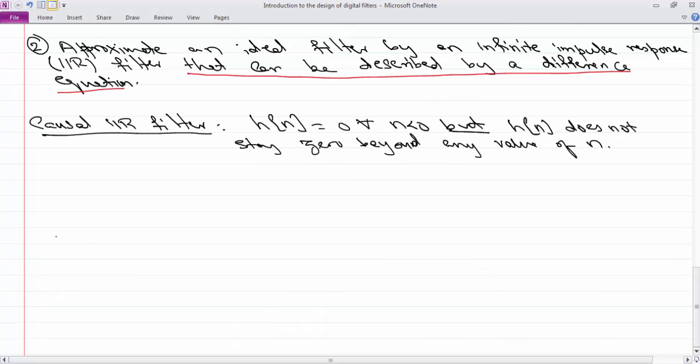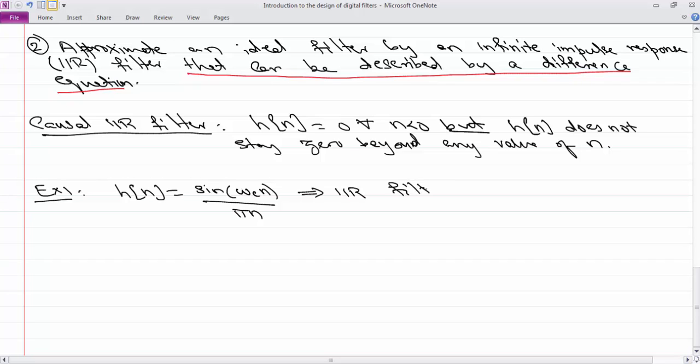So two examples. One example we already saw. Example 1 is h[n] equal to sin(omega_c n) over pi n. Clearly this filter, no matter what value of n you put in, it doesn't stay 0. The impulse response doesn't stay 0, so this is an IIR filter. Even if I limit it to n equal to 0 or above, it will still be an IIR filter.